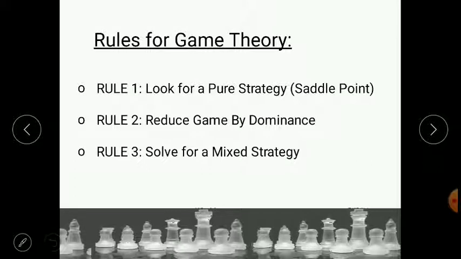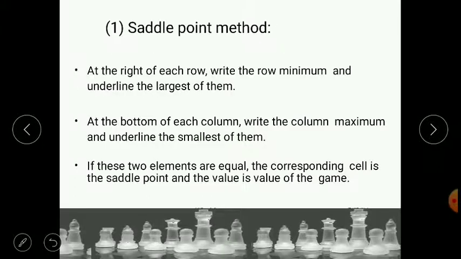But we'll have an overall discussion of all three rules of game theory. So moving forward, we'll be focusing mainly on the saddle point here. That is the first rule, the saddle point method.